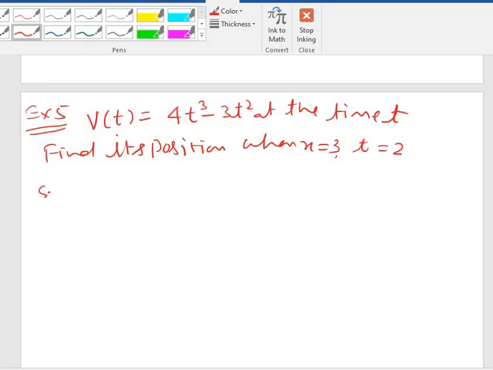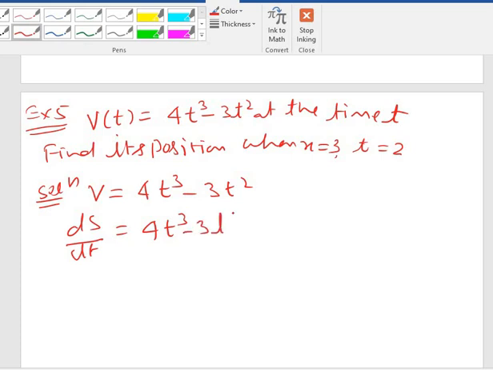If I want to write that, velocity is given as 4t cube minus 3t square. Velocity means ds/dt, so ds/dt equal to 4t cube minus 3t square.